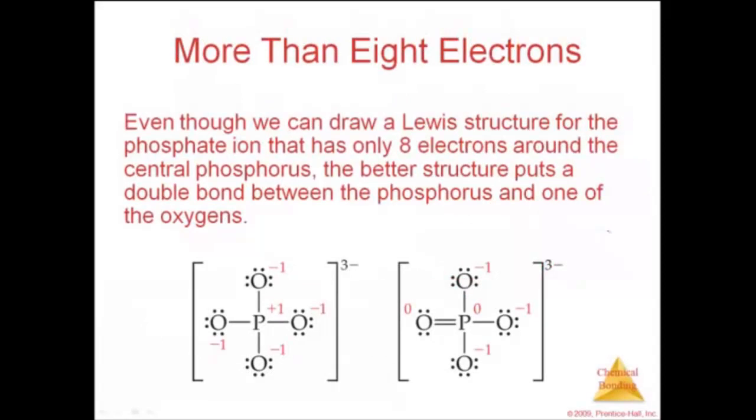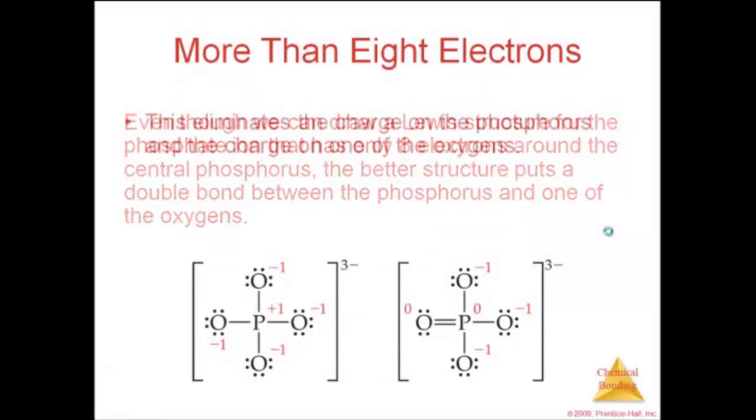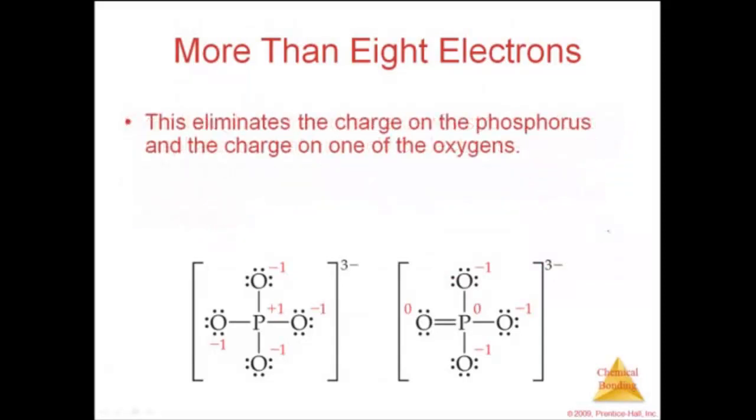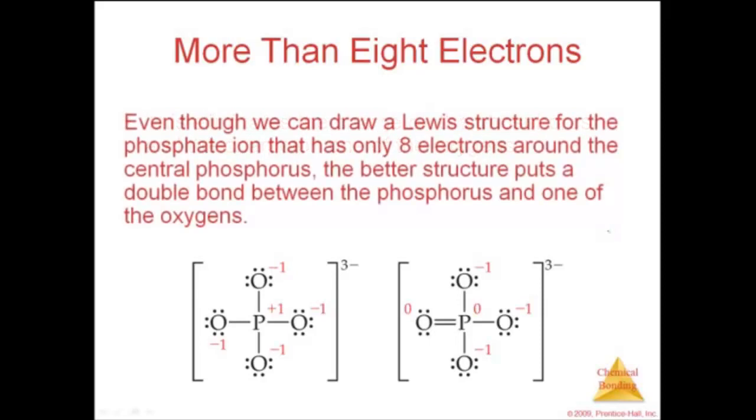Now, even though we could draw a structure where this phosphate ion has an expanded octet, the preferred structure is one where it has a double bond. Actually, there are 2 structures that work here.